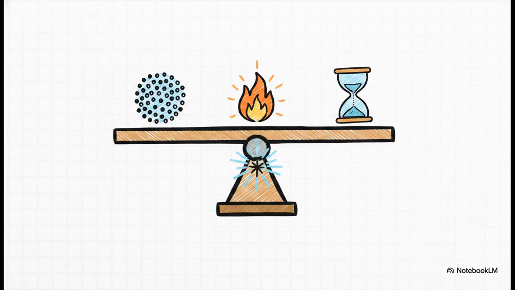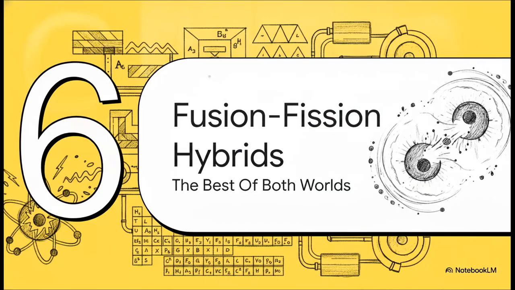It all boils down to the triple product: plasma density multiplied by temperature multiplied by the confinement time. It's a strict thermodynamic balancing act. If your density drops, you've got to drastically crank up the temperature or the confinement time to keep the reaction alive.